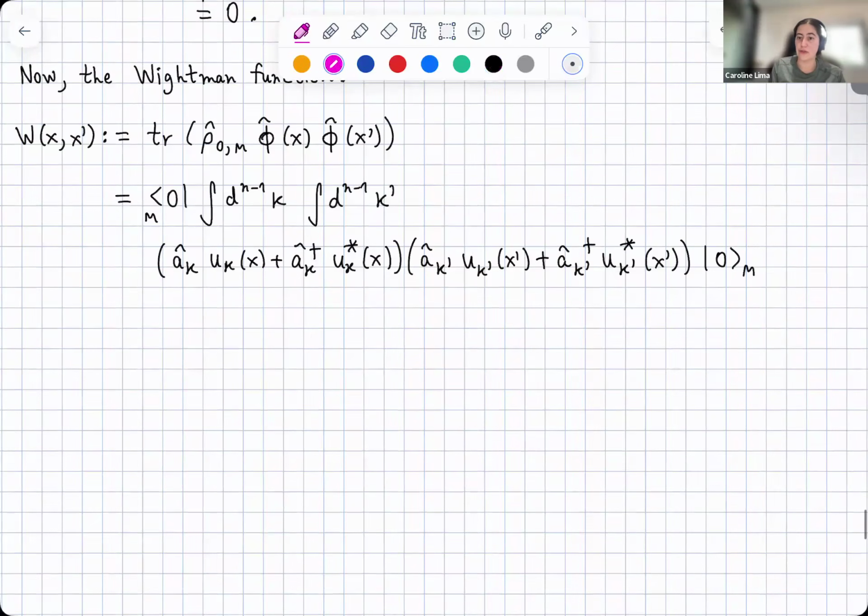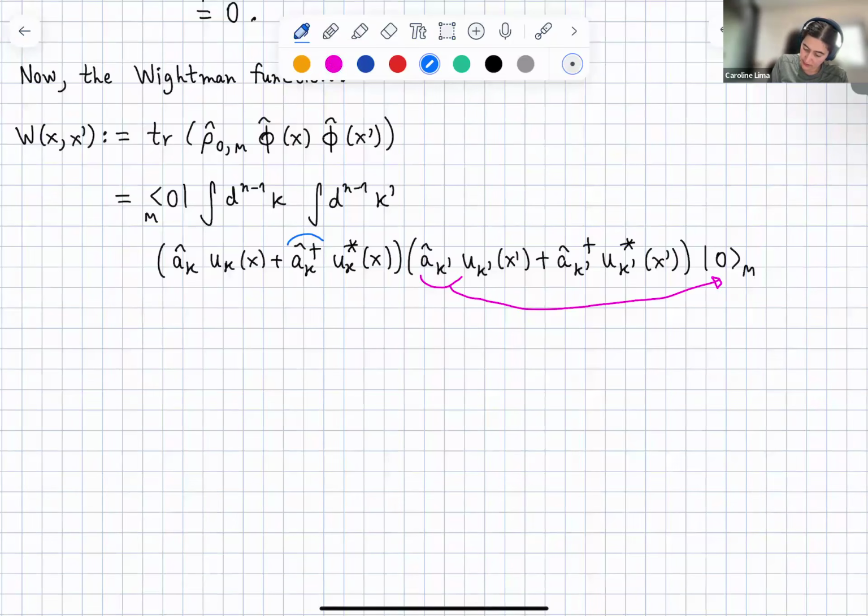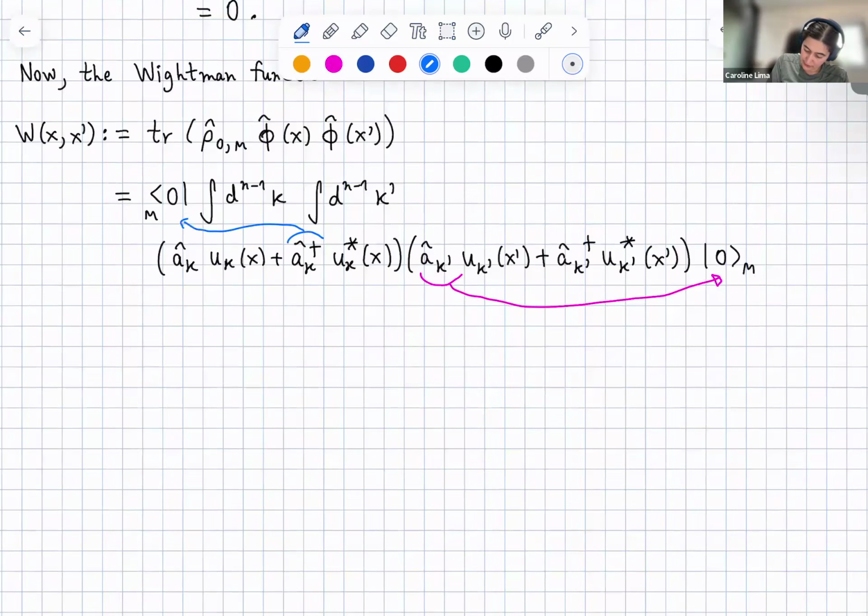Now I'll just do a similar analysis to what I had done before. So if I have this annihilation operator acting on to the right, it's going to annihilate this vacuum. And similarly, this one acting to the left is going to annihilate the bra. So basically, the only term that survives is going to be this one times that one.